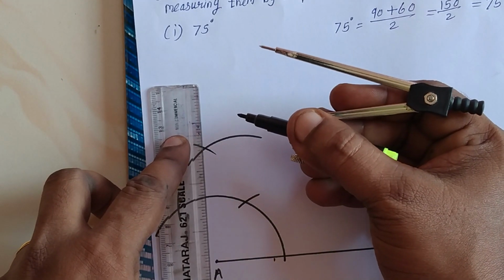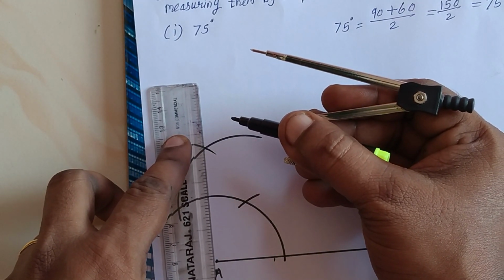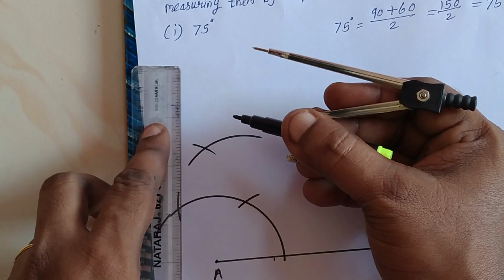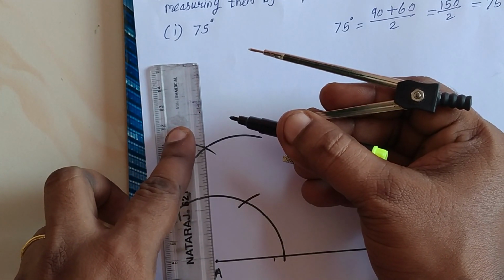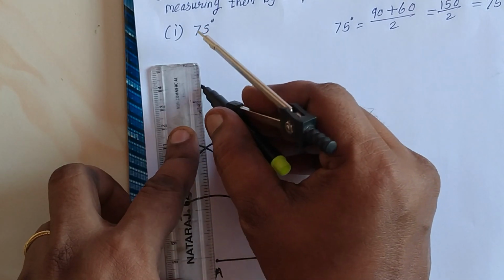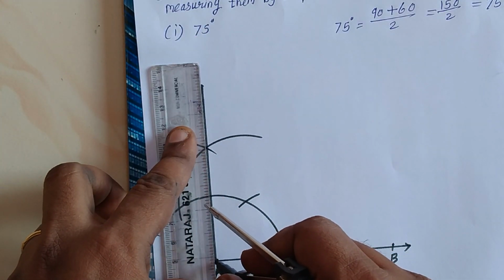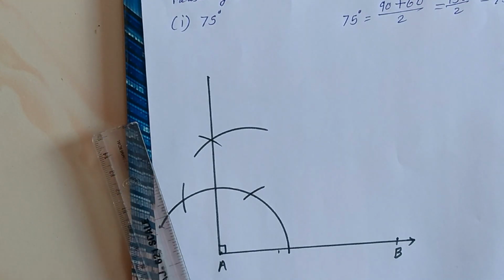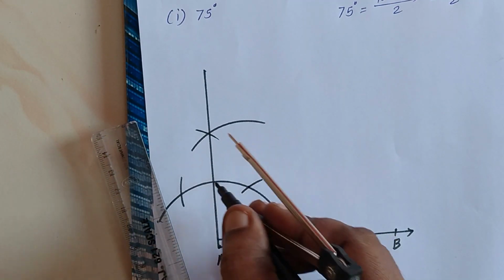This point you can extend. So this is 90. Now this is 60 and this is 90.